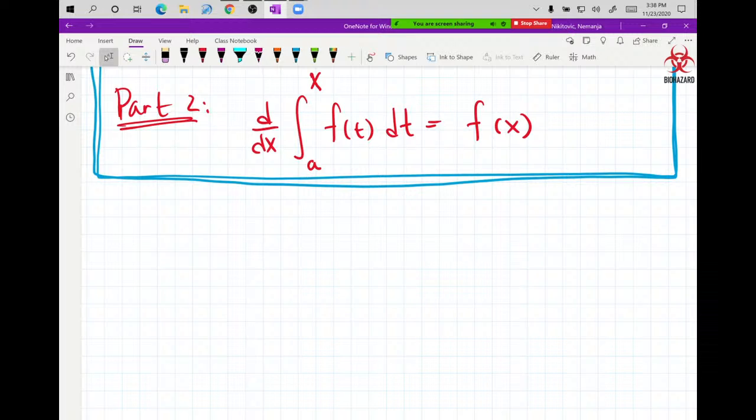Is it because the derivative of x is on the outside of the integral, like it's no longer using b, it's using x as part of the integral? So, well, this is the derivative with respect to x.